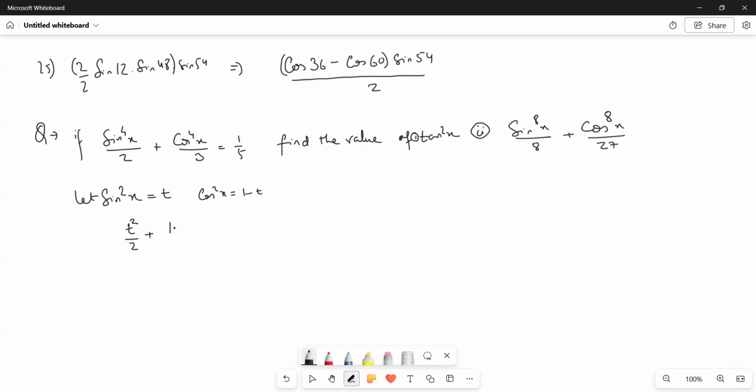So cos power 4 would be 1 minus t whole square by 3 is equal to 1 by 5, which if you realize will now actually end up becoming a quadratic in t. Okay, so convert this whole thing as a quadratic in t.